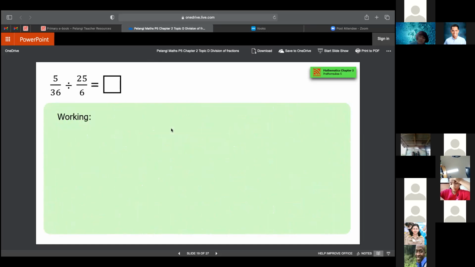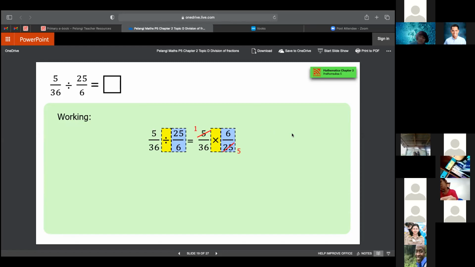Next, 5/36 divided by 25/6. For our working, 5/36 does not change. Division becomes multiplication. 25/6 becomes its reciprocal, 6 over 25. Now we can cancel 5 and 25, divided by 5. 5 divided by 5 is 1. 25 divided by 5 is 5.